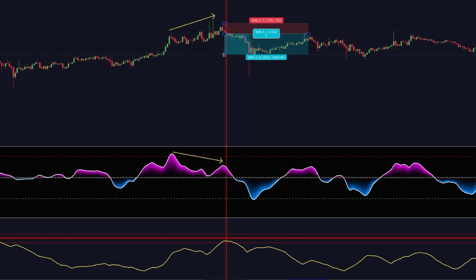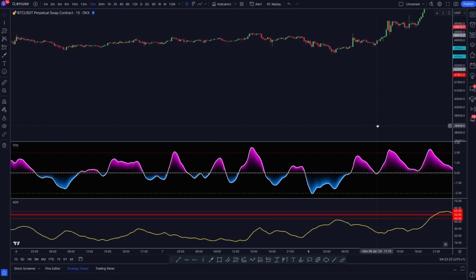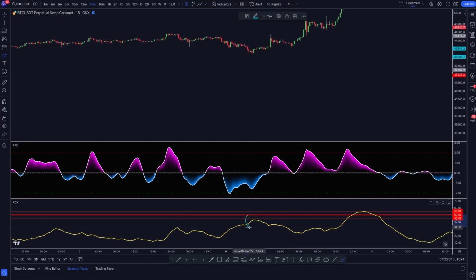In this specific area of the ADX, we see that it doesn't manage to reach those 45 points, but again, we have a divergence between the TrendFlex coming from that oversold zone. It's important that you always take these trades when the TrendFlex wave also reaches an oversold or overbought zone. If we see that the ADX aligns but the wave hasn't crossed one of those extreme zones, we shouldn't take the trade.